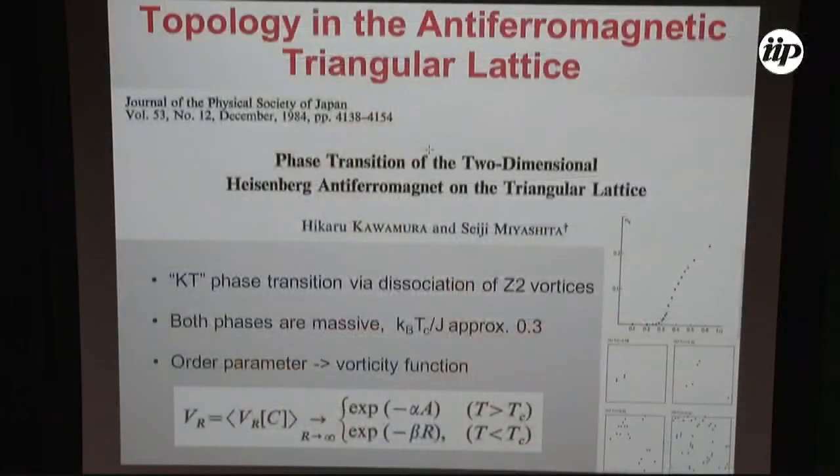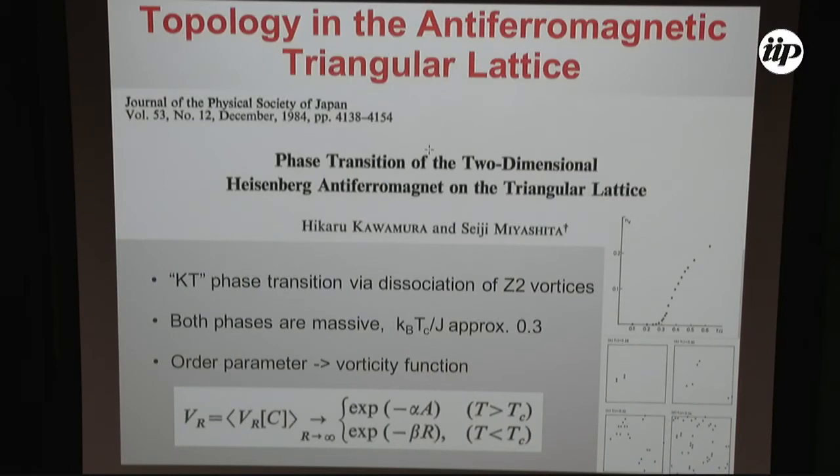And what they observed is that the number of vortices as a function of temperature shows a very interesting change around 0.3 for the values of couplings, and this was understood as a kind of Kosterlitz-Thouless transition, where these Z2 vortices are those that proliferate above the critical temperature.